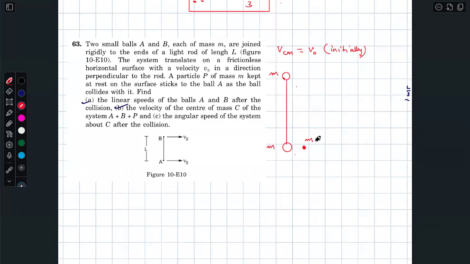Right. The best point what you suggest is center of mass.